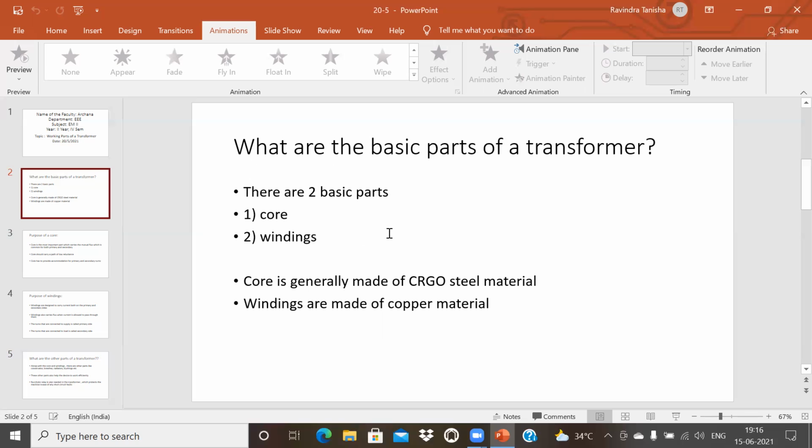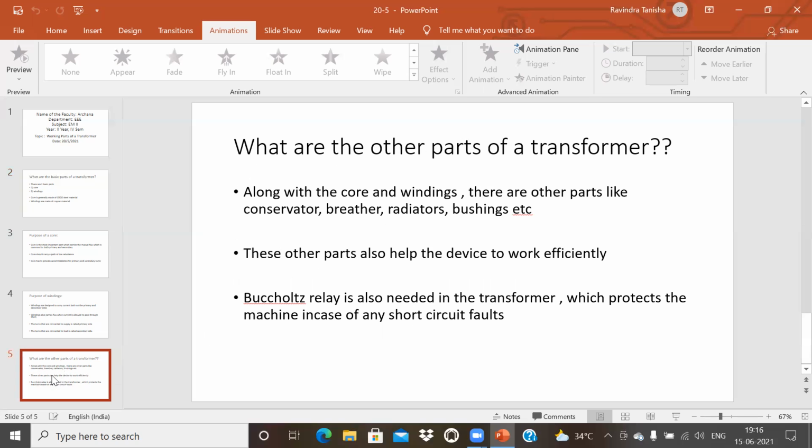But if you observe any big transformer situated outside your college, on the roads, in industries, or near residential areas, we can observe all these extra parts also. So that's it about the important parts of a transformer discussed in today's class.